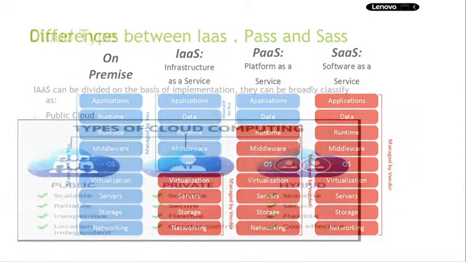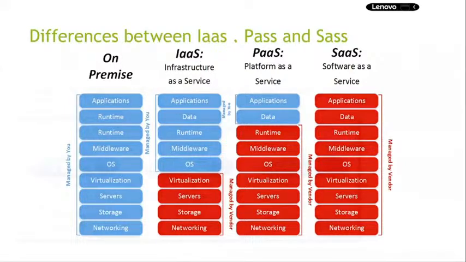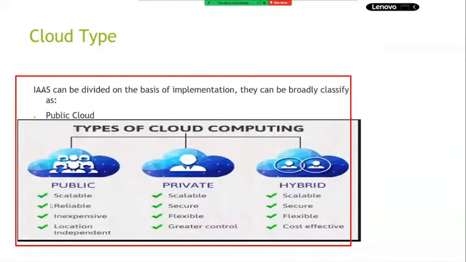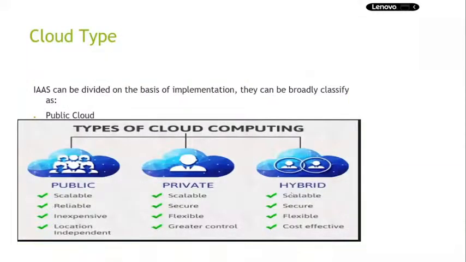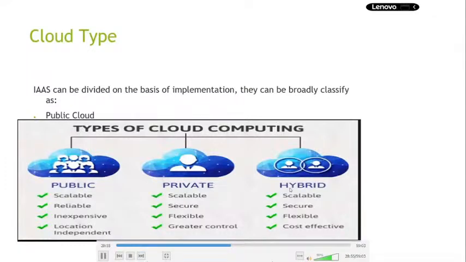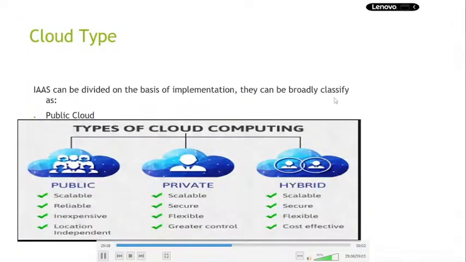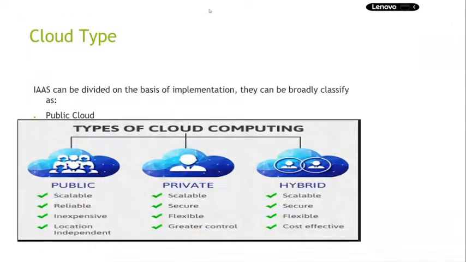Okay, next. So these are the types of cloud. What are the types of cloud? Public, private, hybrid. What is public, guys? It's a generic term, right? Public means accessible by all. The resources can be accessed from anywhere in the world, and that is called public.